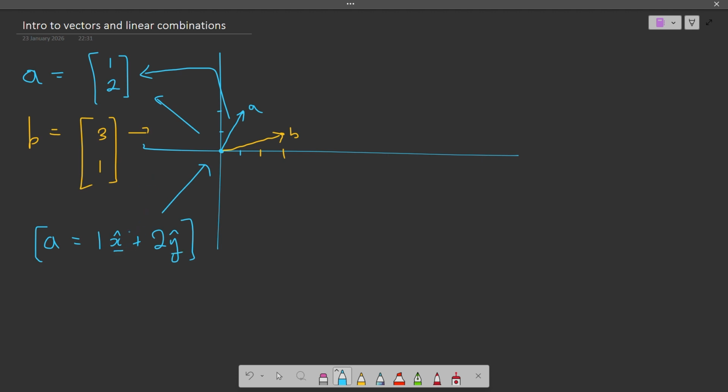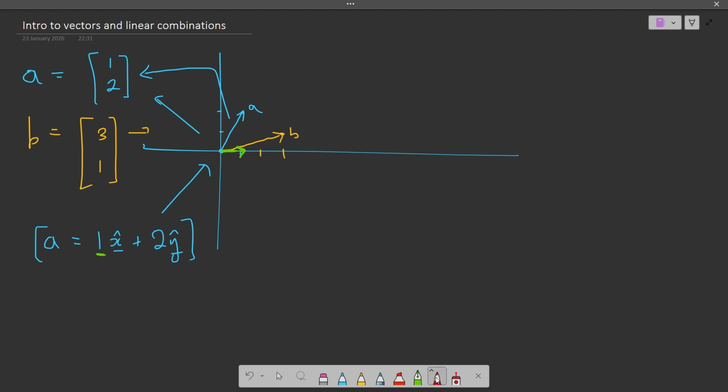Now to understand what we are saying over here, we have to understand what this x hat and y hat are. So the x hat is nothing but a vector that is just one unit long in the x direction.